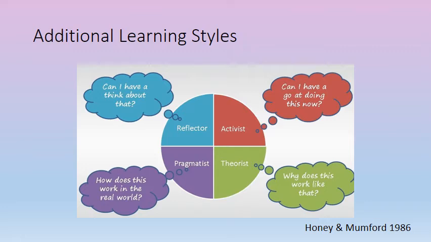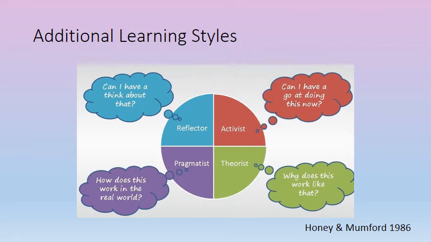Now, Honey and Mumford looked at learning styles in a slightly different way, and they came up with 4 different types. So in the red, you have the activist, and really that would be described as, can I do this now? Theorist in the green, which is thinking about why something works in the way that it does.